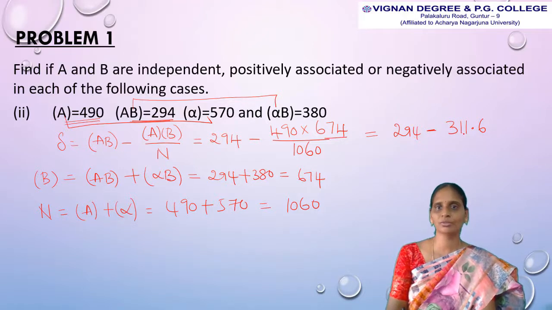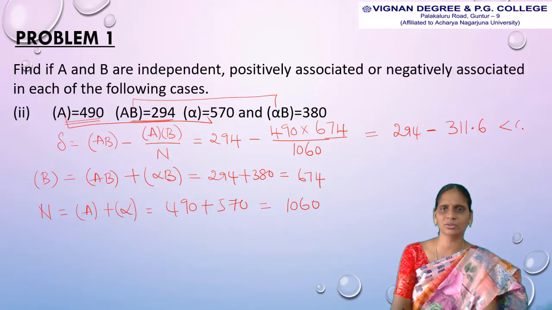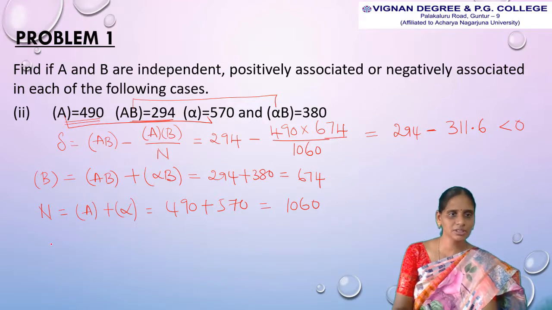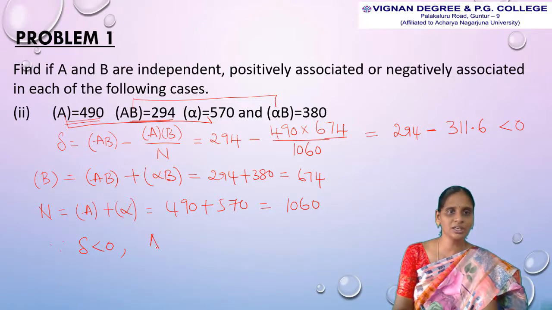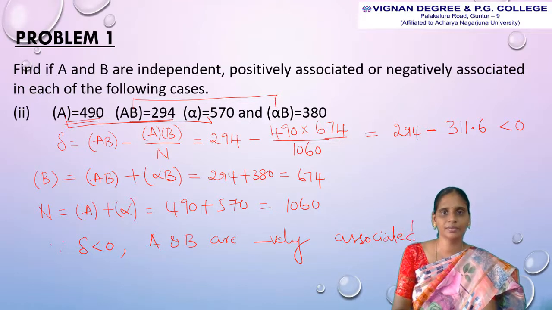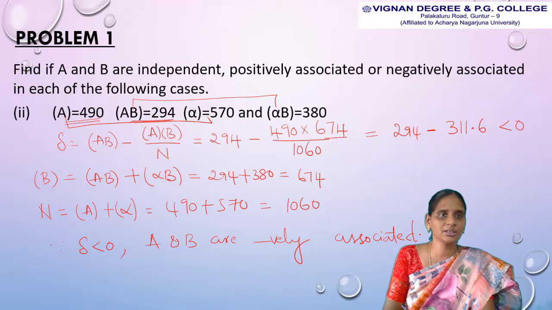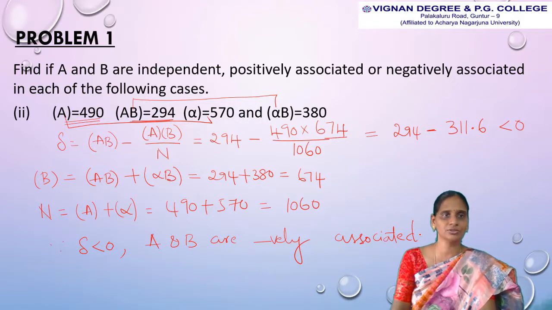We get the negative value. So since delta is less than 0, the given attributes A and B are negatively associated. So in this case 2.